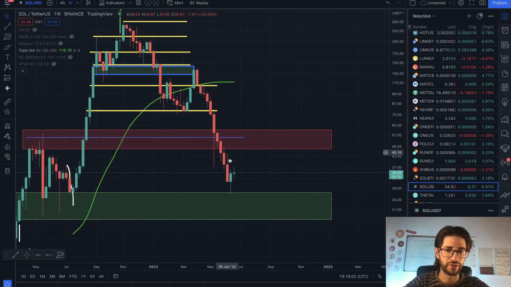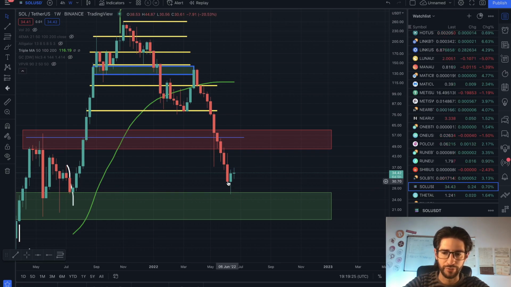After 10 red candles, we hit last Sunday our first weekly green candle. And this candle has a very long wick. In a green candle, you can see that we have a lot of buy pressure to the upside.